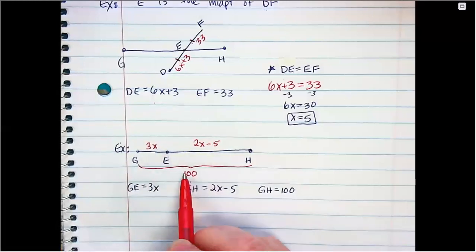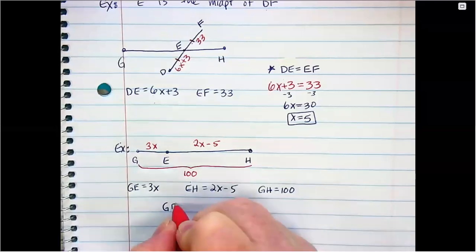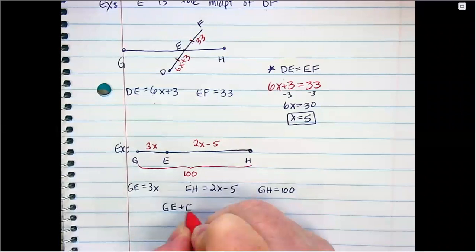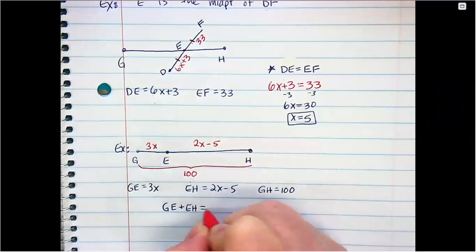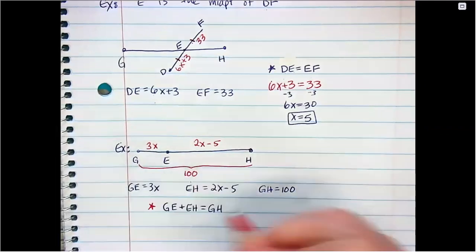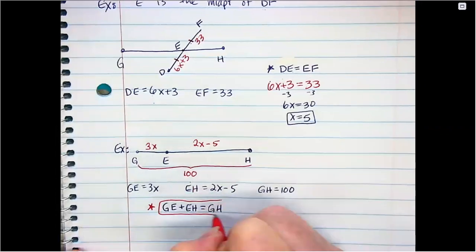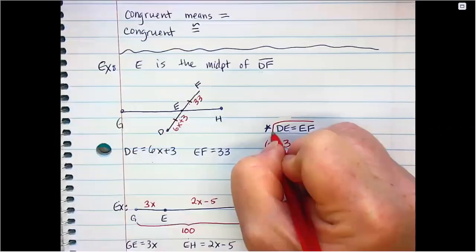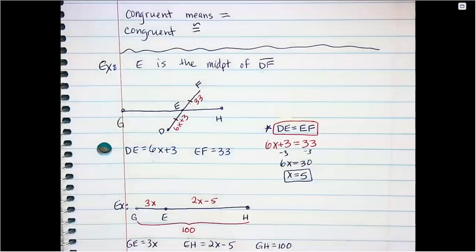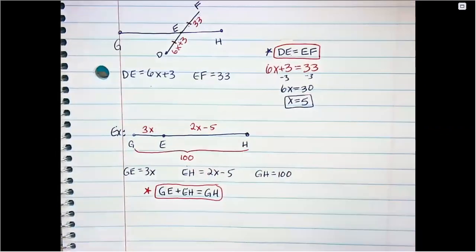So our formula is GE plus EH is equal to GH. That's the second formula we're going to be using, and back up here is the first one. These are the two formulas that you're going to be using for page 16 of your assignment.